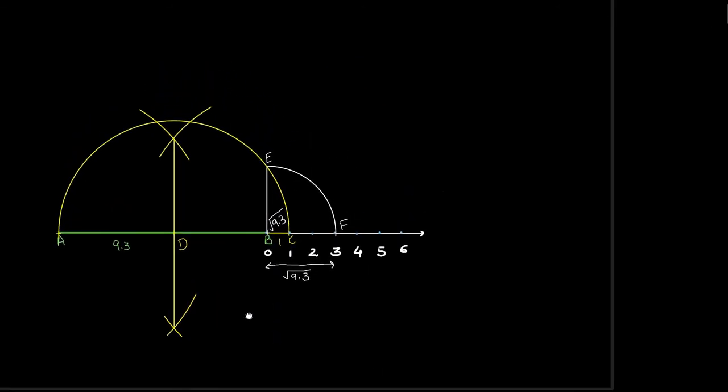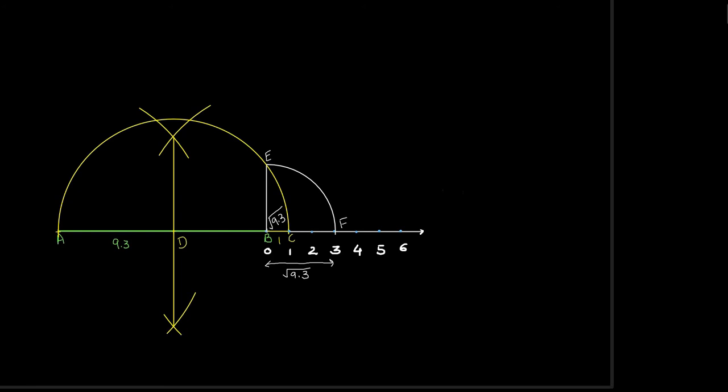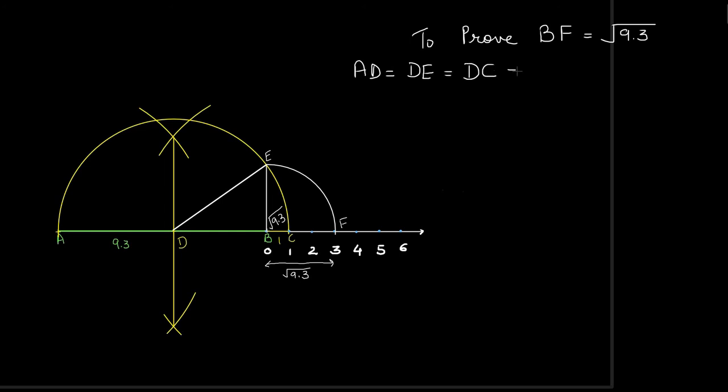Now let us prove why BE or BF is equal to root 9.3. To prove that BF is equal to root 9.3, join DE. Now AD is equal to DE equal to DC is equal to AC upon 2, where AC is the diameter of the semicircle.